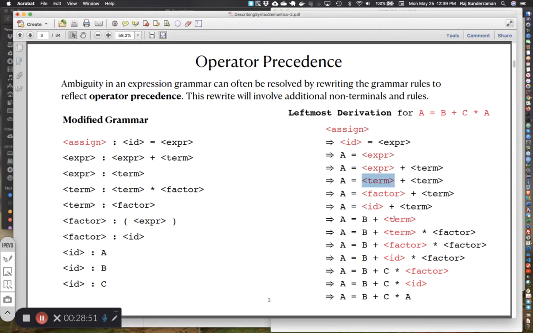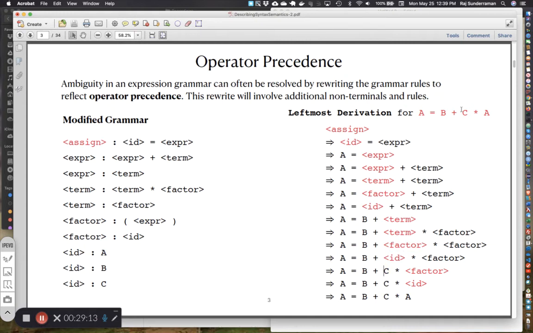Then the next term, which is here, will have to account for the c times a, right? So that's why we go with the recursive rule, term times factor for this term, which is the second rule for term, or the first rule for term. And then because there's only one multiplication in this example, I'll change the term to a factor and the factor to an ID and then ID to a c.